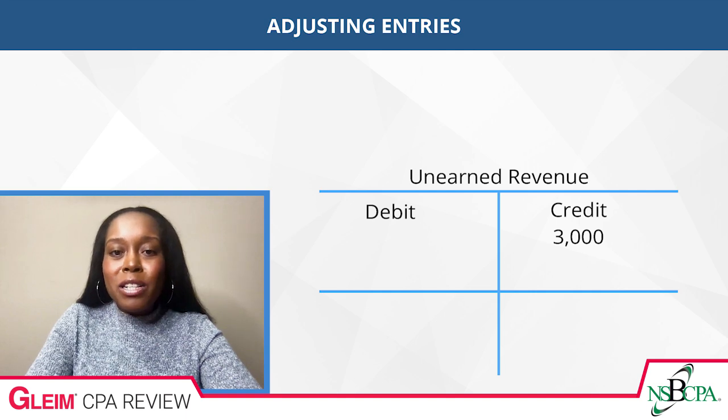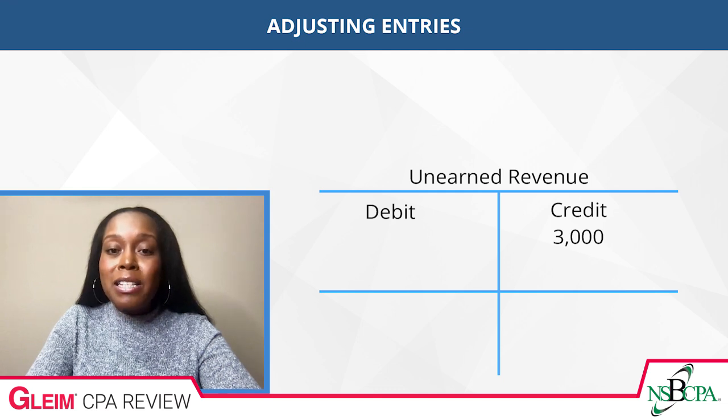Here's the one that my students always say is the hardest: unearned revenue. We received $3,000 from customers for 3 weeks of service to be provided the last week in January and the first 2 weeks of February.